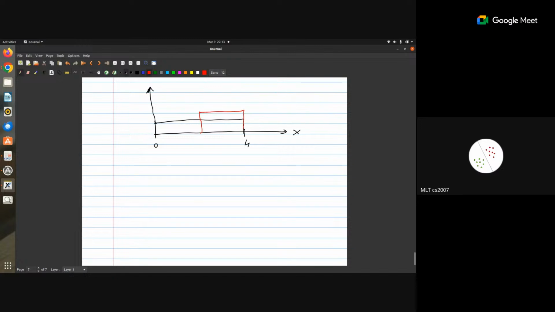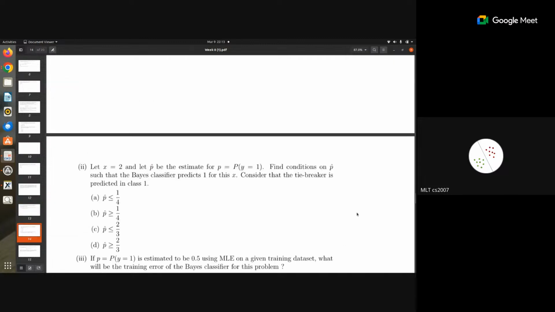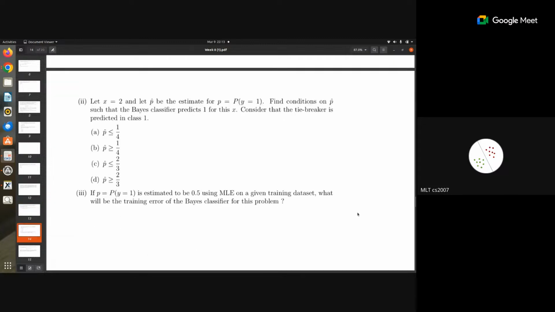It's 1 by 4, and this is 1 by 2. Is that correct? Now this is the distribution for the negative class, right? So p hat for y equal to 1 is estimated to be 0.5.